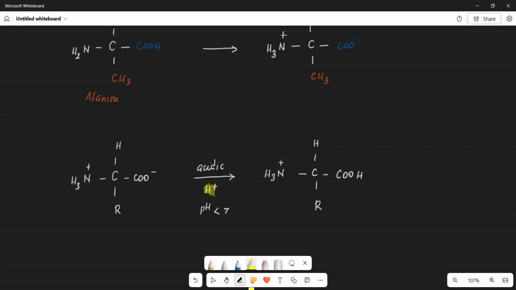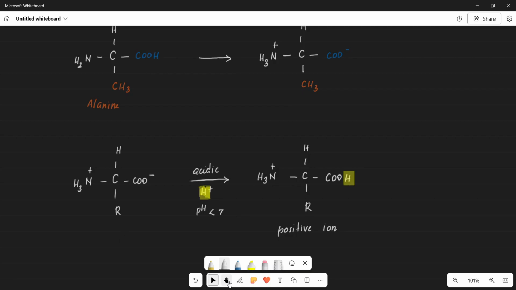So actually this hydrogen is gained by the acid group. So now you are getting a positive ion because the negative charge was neutralized by the hydrogen plus given by the medium.